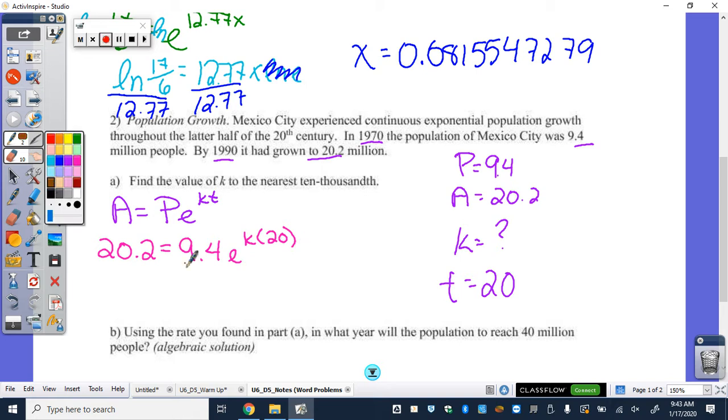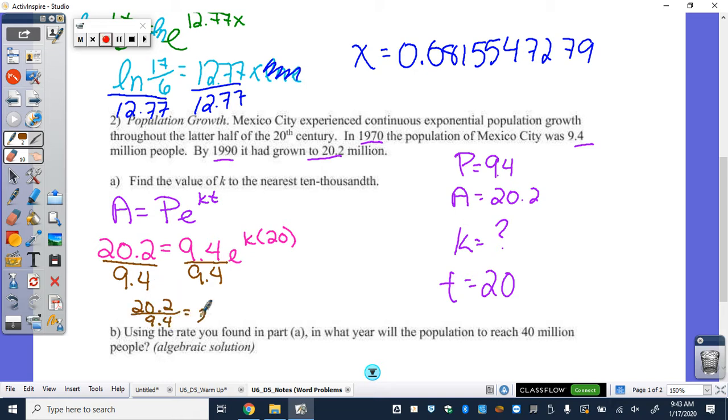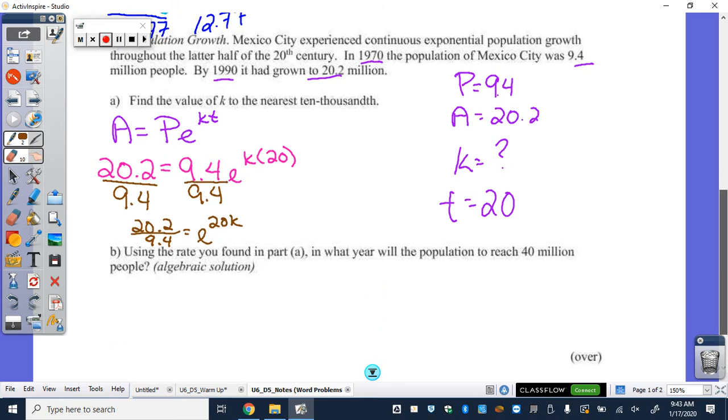So like we were doing up above, and like we were doing a couple days ago, I'm going to get e by itself. So I'm going to start off with dividing by that 9.4. So I get 20.2 over my 9.4 equals e to the 20k.